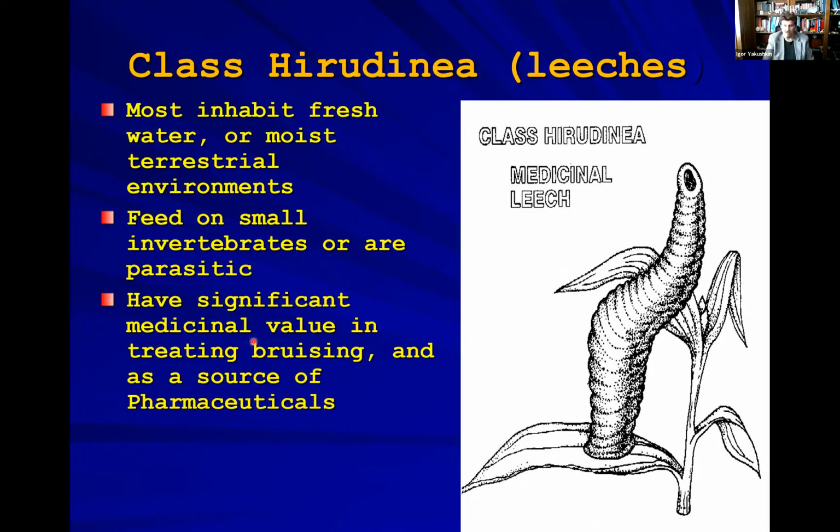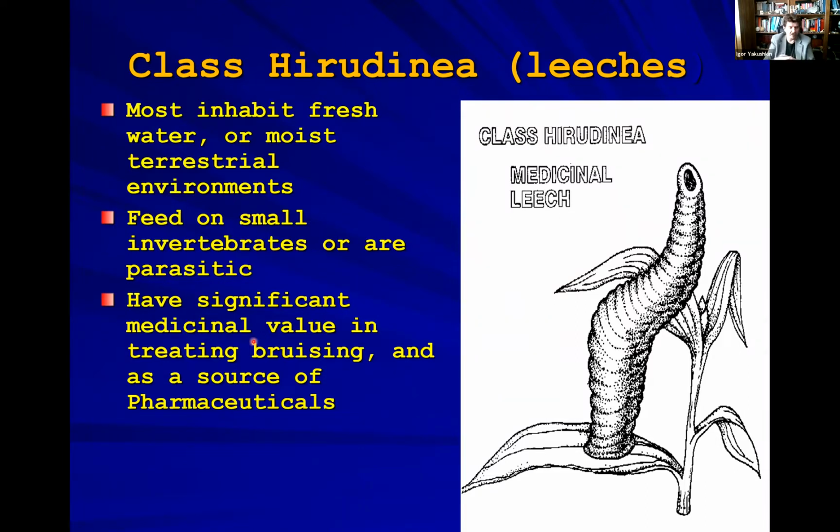They are extremely important for their medicinal value. Whenever the medicinal leech bites a person, cutting through the skin, it injects a very specific protein known as hirudin, which stops the coagulation of blood, meaning that the blood, instead of coagulating, goes and fills up that creature.